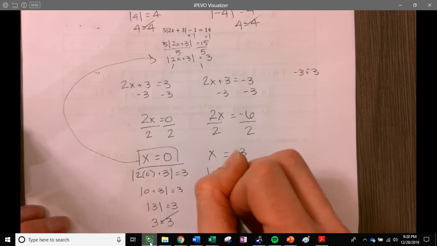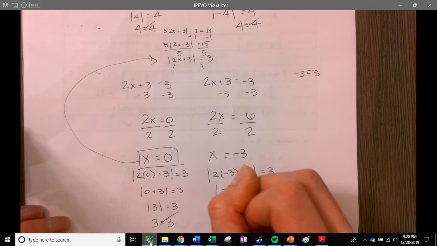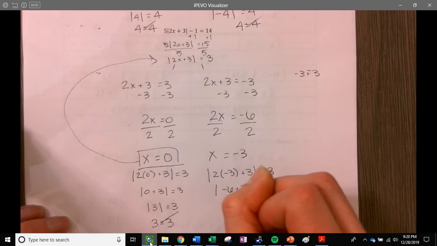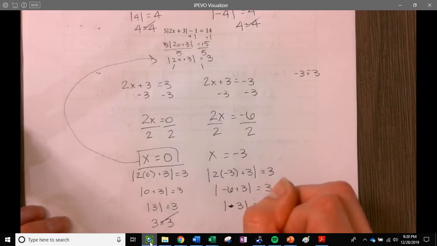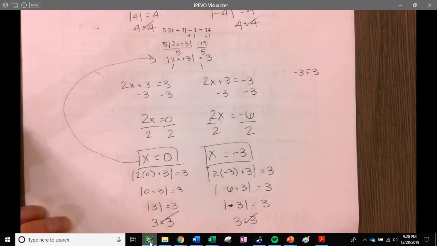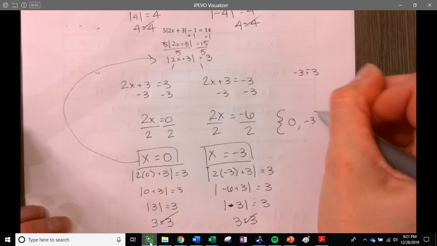Lots of 3's here. The absolute value of negative 6 plus 3 equals 3. Negative 6 plus 3 is negative 3, equals 3. Drop the brackets. Anything negative becomes positive. So this one also works. Our solution set for this problem is 0 and negative 3.